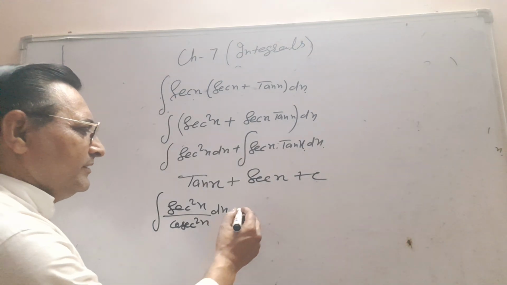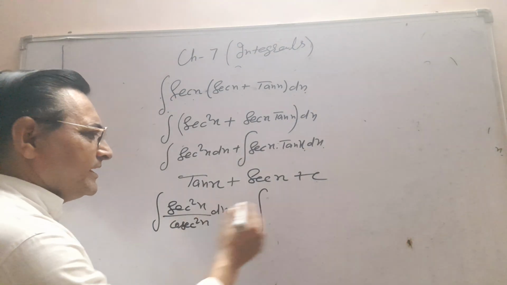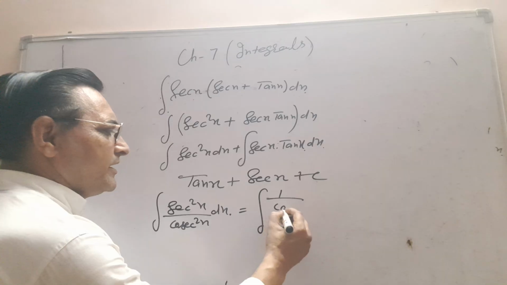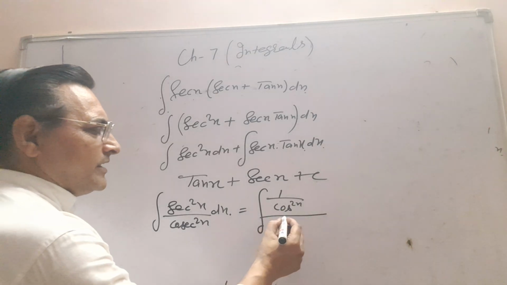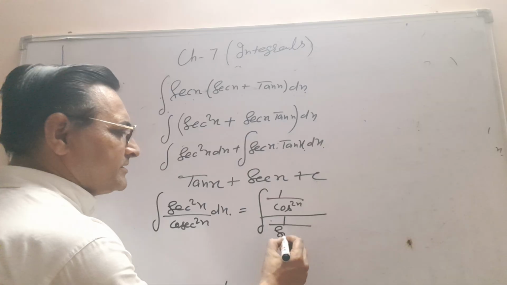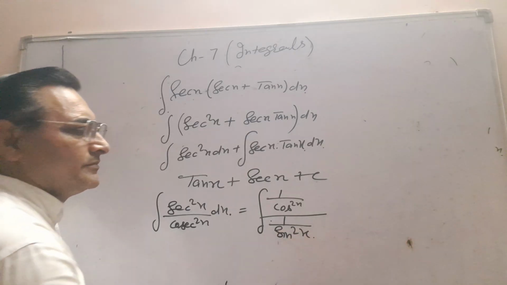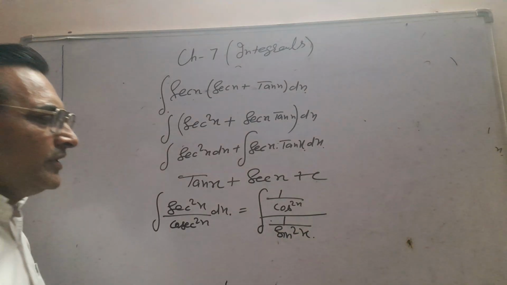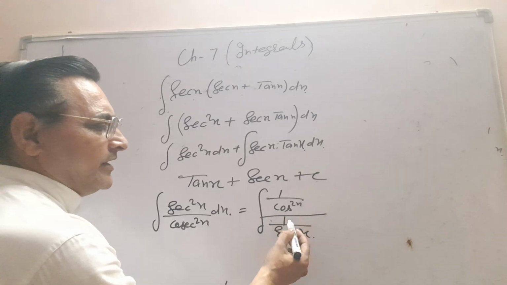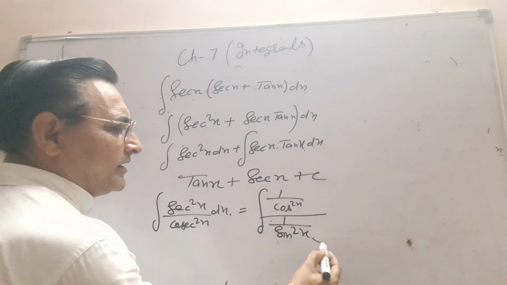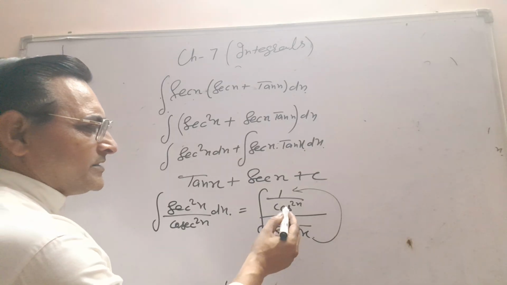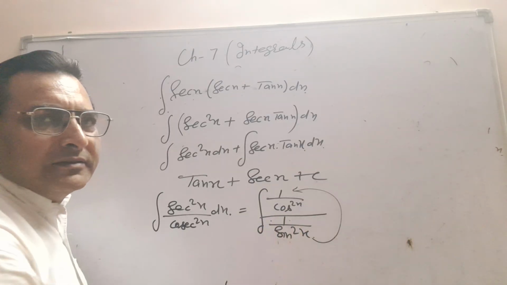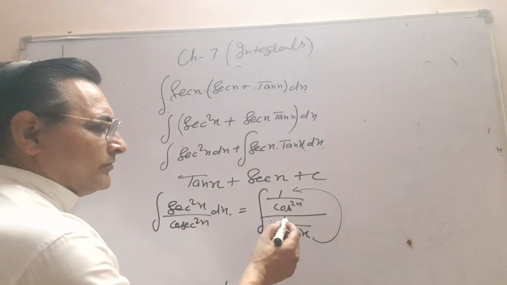You can write here secant square is the reciprocal of cos square x, and cosecant square is the reciprocal of sin square x. If there is numerator upon denominator and again numerator upon denominator, this denominator multiplies with the numerator and this denominator multiplies with the 1.